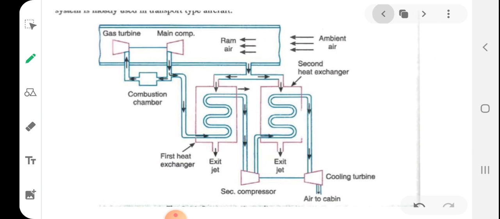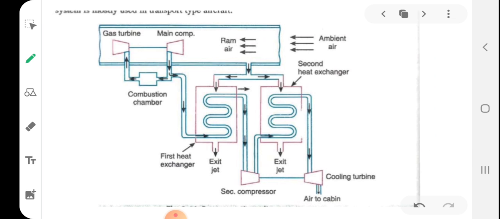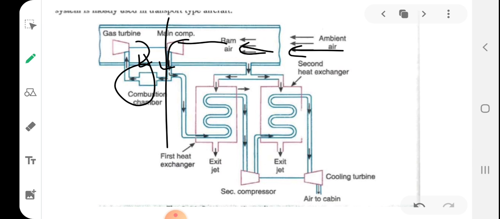Before that, this is a bootstrap cooling system, and you know how a bootstrap cooling system works. Ambient air enters, and ramming takes place isentropically. So there is a pressure increase, and this rammed air goes to the main compressor, which is working using a gas turbine and a combustion chamber. That part you can leave, we don't require it.